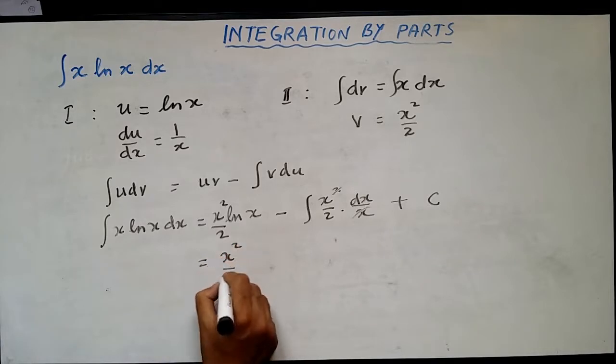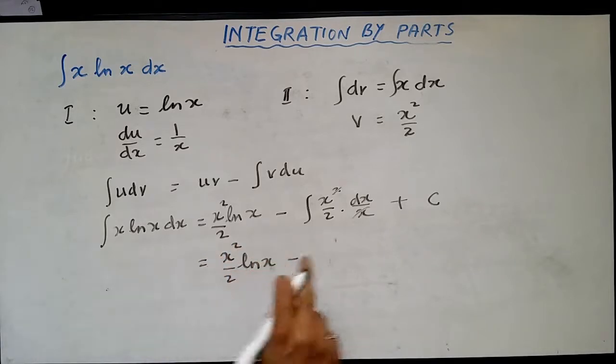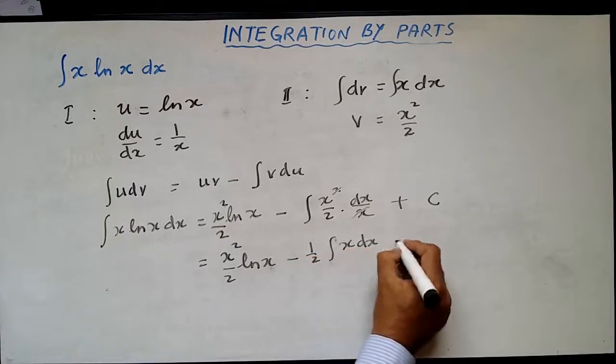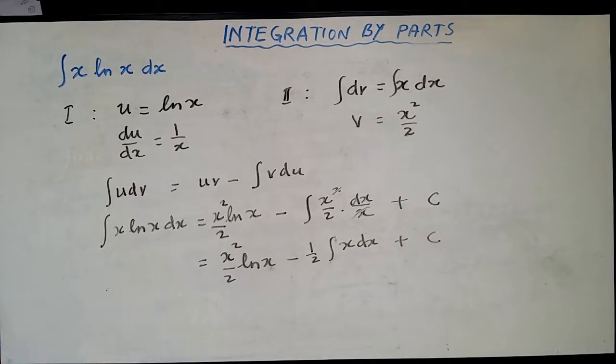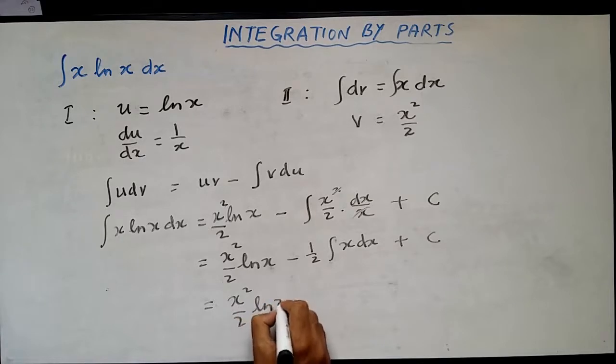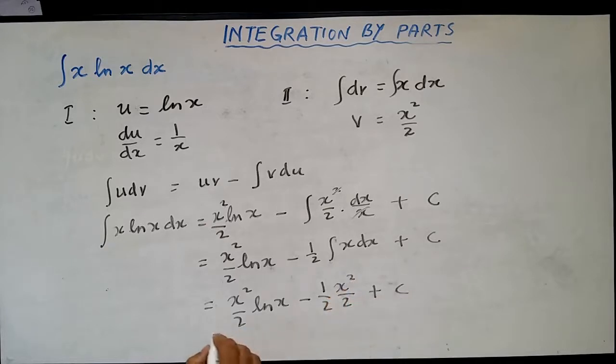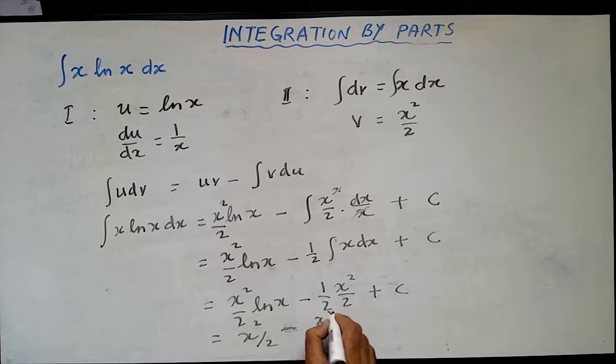Now this is half integration of x dx plus c. So we get x squared by 2 ln of x minus half into integration of x, which we know is x squared by 2, plus c. So we can write it as x squared by 2 ln of x minus x squared by 4 plus c.